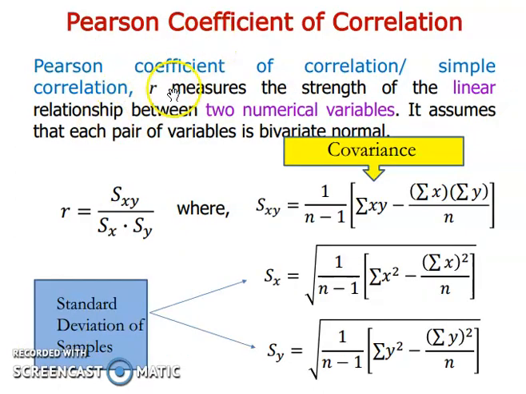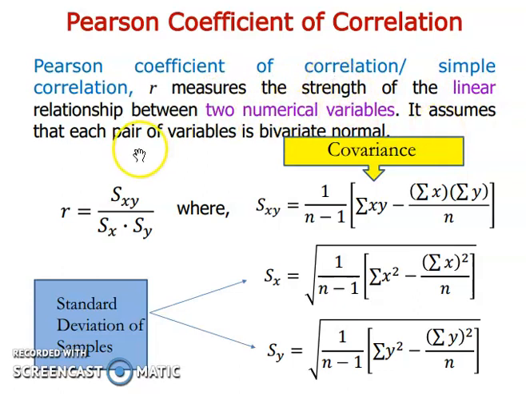The Pearson coefficient of correlation, or simple correlation, denoted by the letter r, measures the strength of the linear relationship between two numerical variables. So it is looking at the linear relationship, not any other relationship, not quadratic, not cubic, but linear relationship between two variables and its strength.